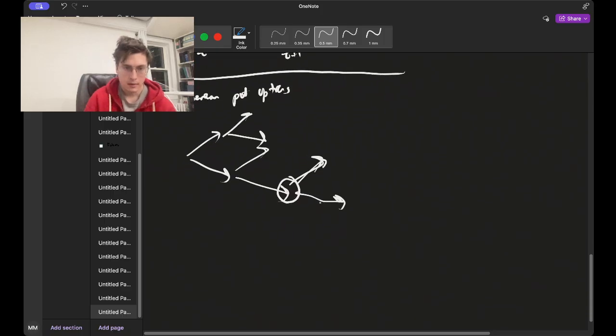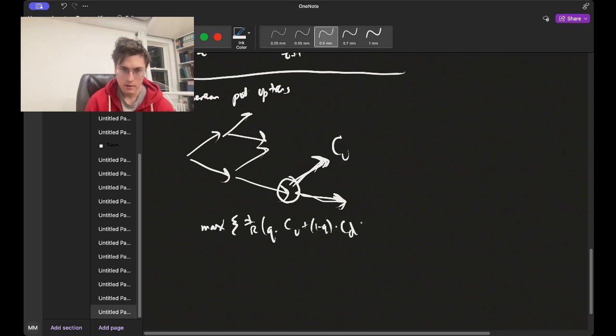So this will be a max between the price of the option as determined by this, whatever this is, Q, 1 over R times Q times CU plus 1 minus Q times CD.